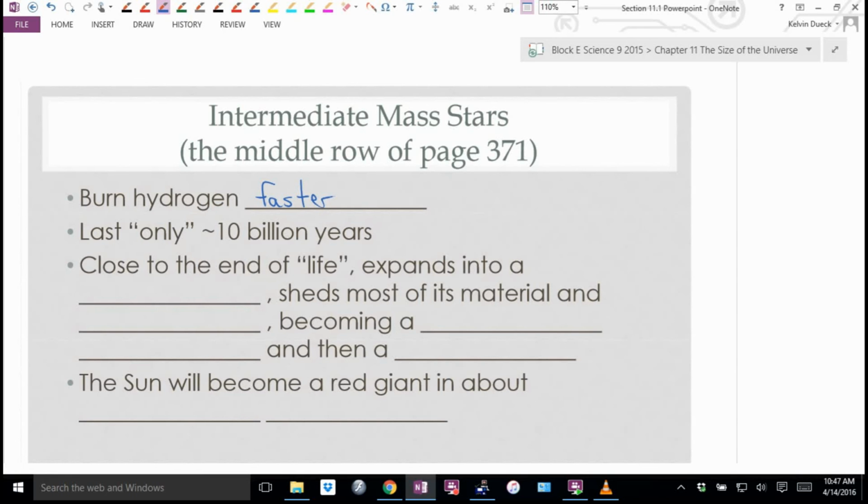Close to the end of their life, they expand into a red giant. They shed most of their material, and it collapses, becoming a white dwarf star and then a black dwarf star.